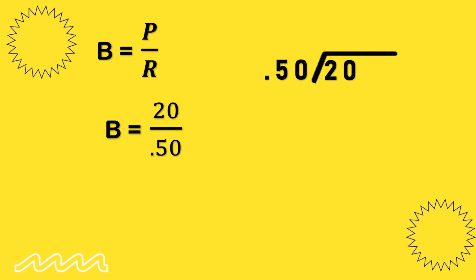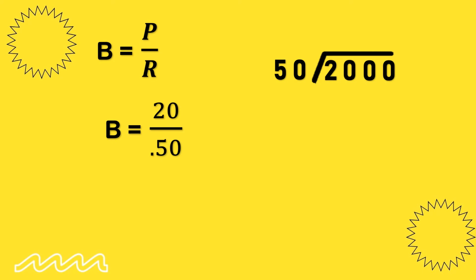Based from the previous lesson, when dividing decimals, make sure that the divisor is a whole number to make it easy for you to divide. Since the divisor is 0.50, we have to move the decimal point 2 places to the right. And move the decimal point of the dividend 2 decimal places also to the right. Add zeros. Let's perform now the operation.